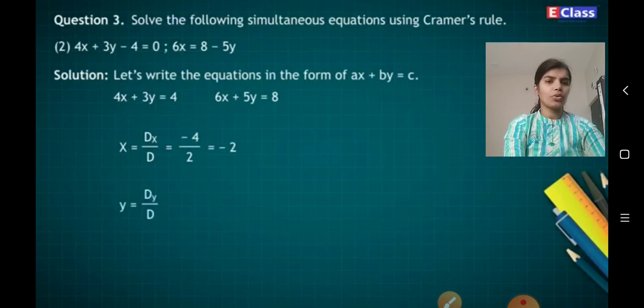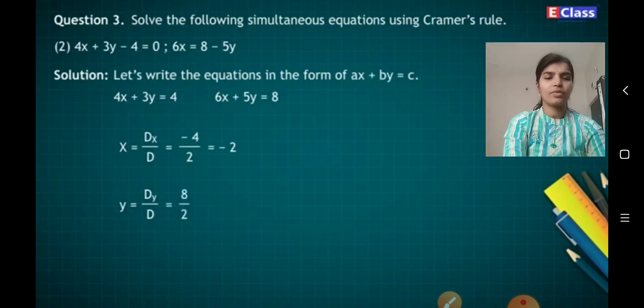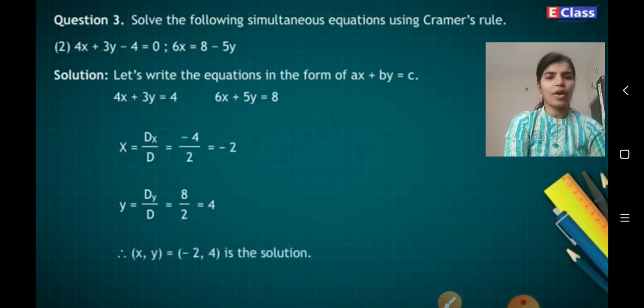So 8 upon 2. Now the value of y is 4. That means x is minus 2 and y is 4. Therefore (x, y) equals (minus 2, 4) is the solution of the given equations.